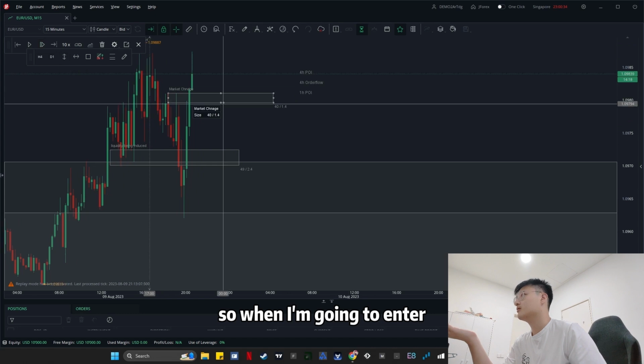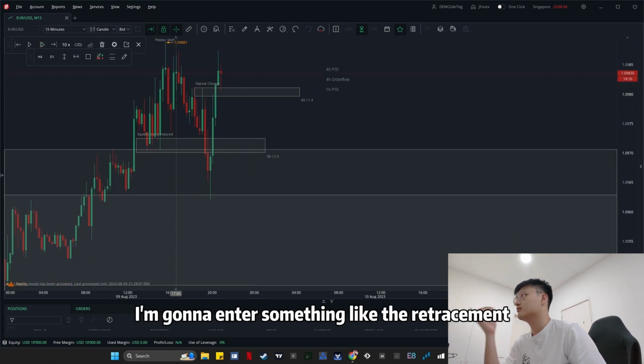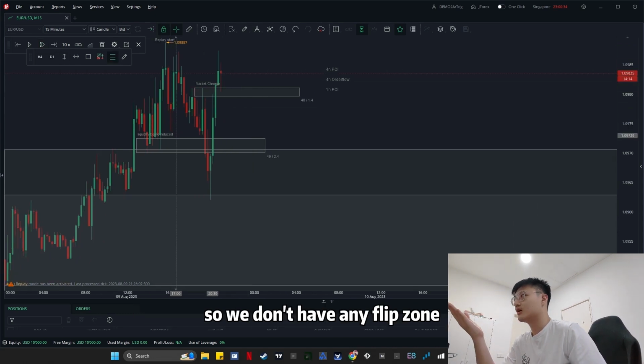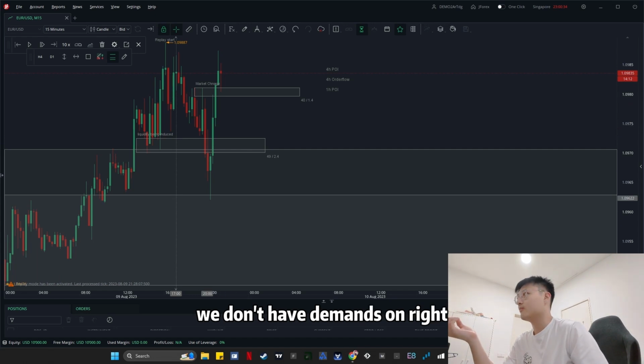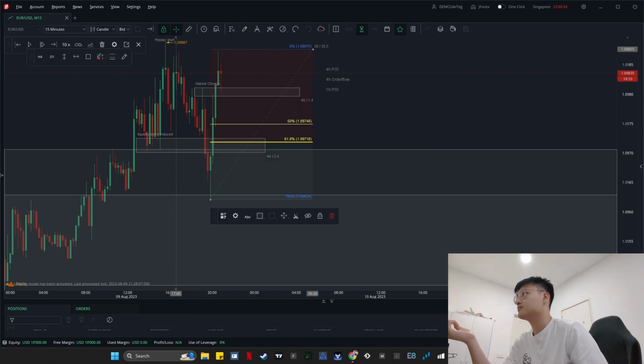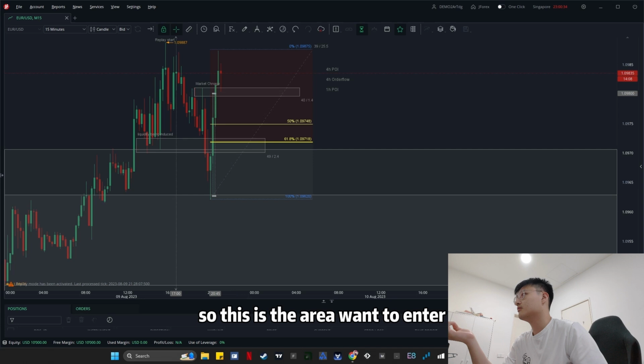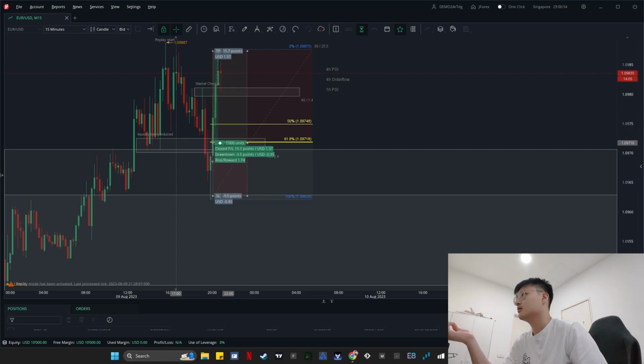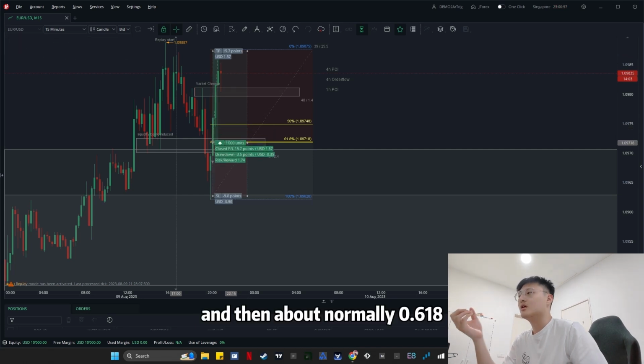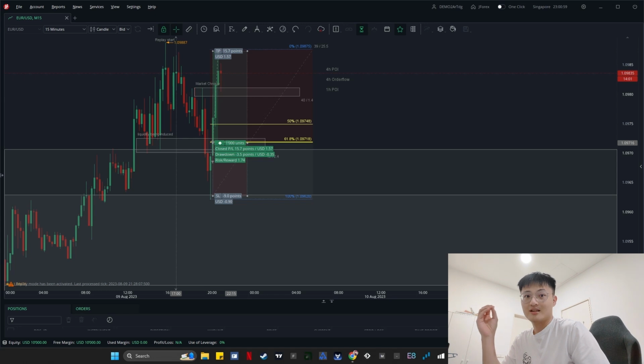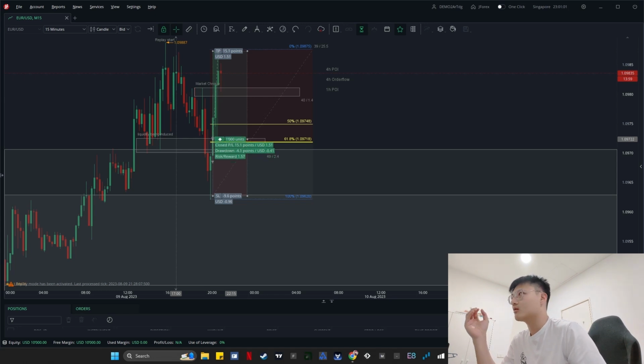When I'm going to enter, I'm going to enter on the retracement. We don't have any flip zone or demand zone, right? We're going to enter here. This is the area we want to enter, and normally it's 0.618. I'm going to enter with 0.618, but I'm going to put it a little bit higher.